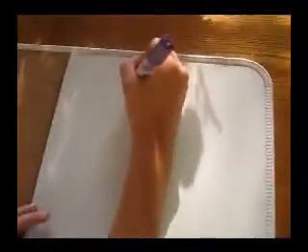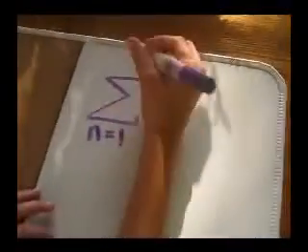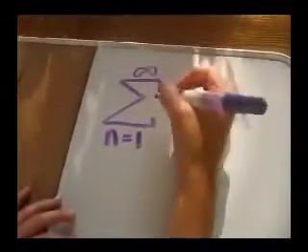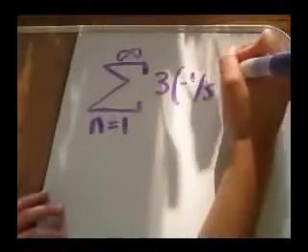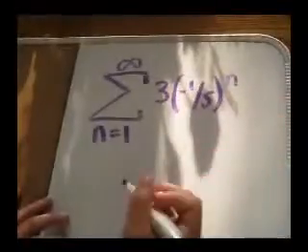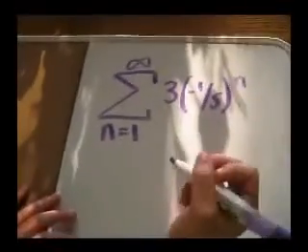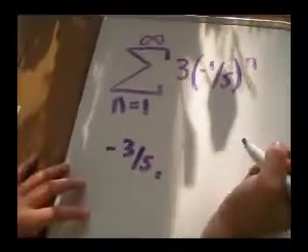Well, that's easy. First, I'll draw my little sigma sign. N equals 1, infinity on top, 3 times negative 1/5 to the n. First you just plug in 1. When you plug in 1, it equals negative 3/5, which is the first term.